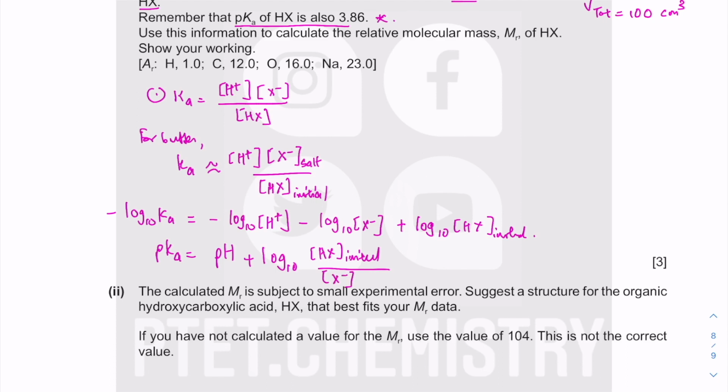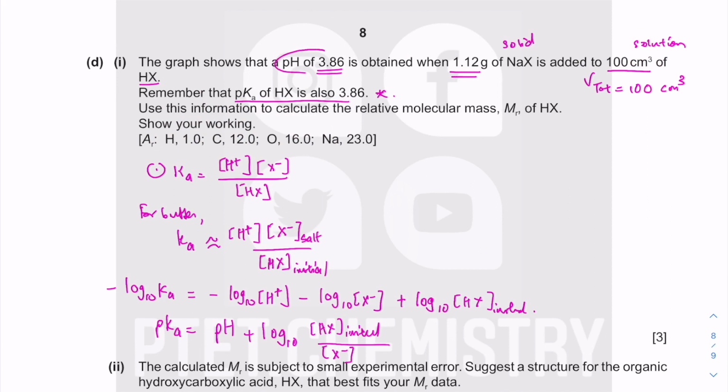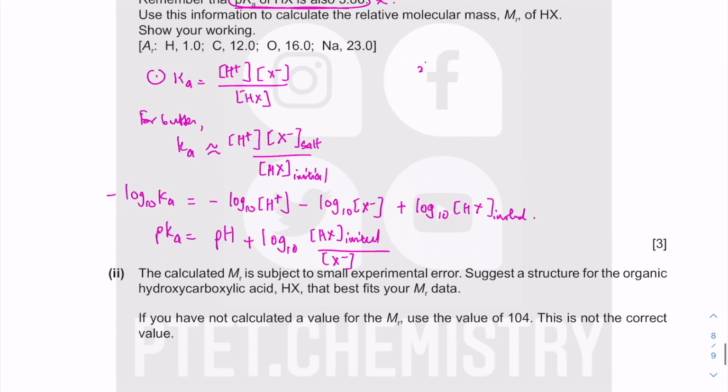All right, so the pKa is equal to the pH. Look, the pH of 3.86, the pKa of 3.86. So as pKa equals pH equals 3.86, the pKa minus the pH will be equal to 0. So 0 is equal to log10 of [HX] initial over [X-].